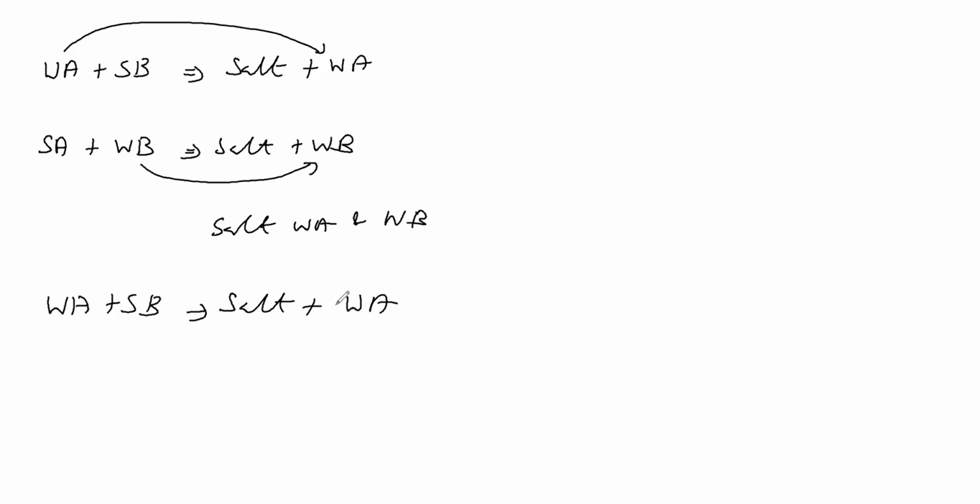That means some extra weak acid should be present. How much proportion? These two may be in equal proportion, or one is less and the other is high. There is a certain condition, and as per that the proportion should be decided. Okay, so now we are taking a weak acid, for example acetic acid, and a strong base, for example sodium hydroxide.